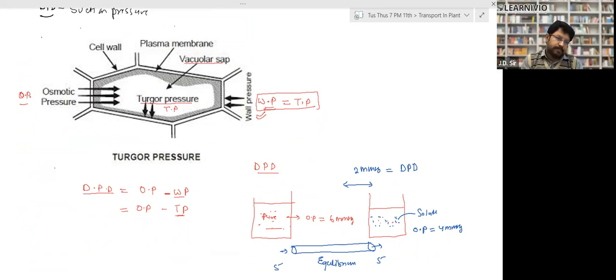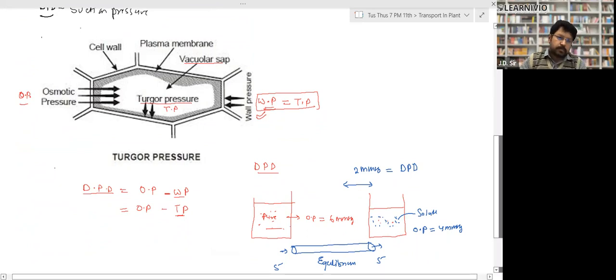Right. So movement of water molecules takes place from higher to lower energy level, right? So whenever osmosis takes place, due to the osmosis, water enters inside the vacuole. So the amount of water in the vacuolar sap increases, right?